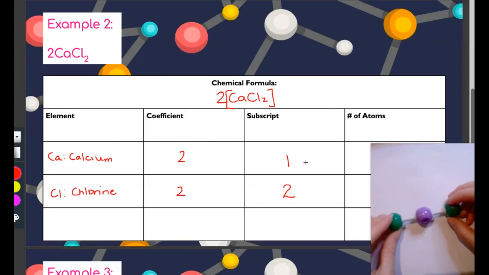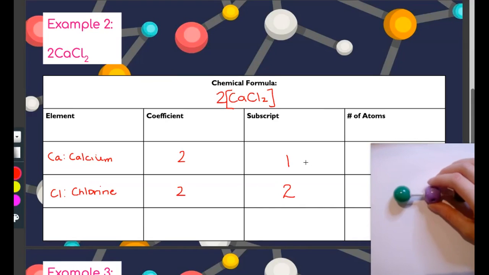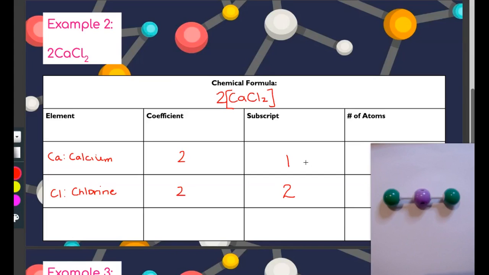So now we can see that the structure of this molecule looks something like this. Now we have to take into consideration that coefficient. That coefficient is telling us that instead of having a single molecule of CaCl2, we have 2. By analyzing what we have, or by using our multiplication trick, we can see that for calcium, we have 2 times 1 atoms, or 2.